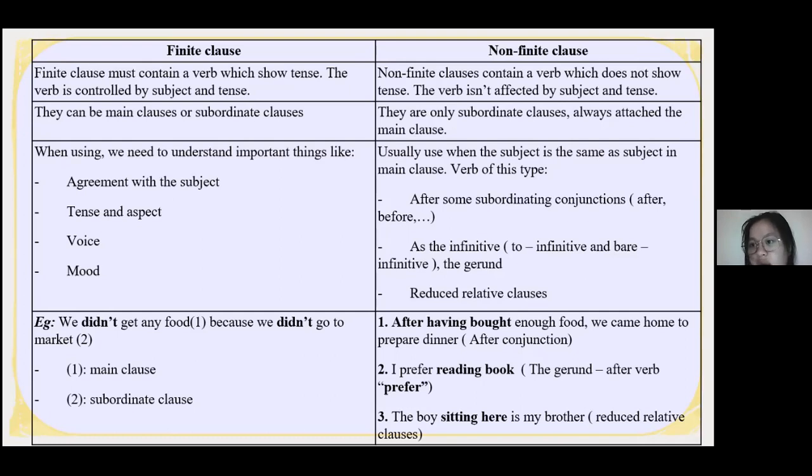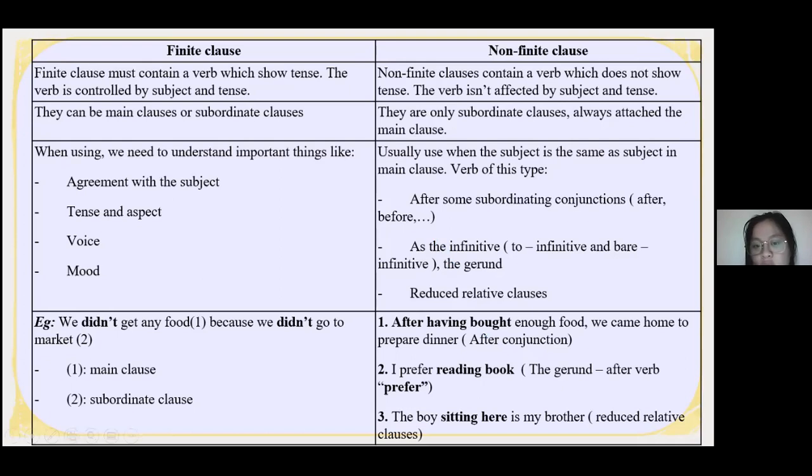And about non-finite clauses, I have three sentences. The first one is: after having bought enough food, we came home to prepare dinner. The non-finite clause is after having bought, and it comes after a conjunction.